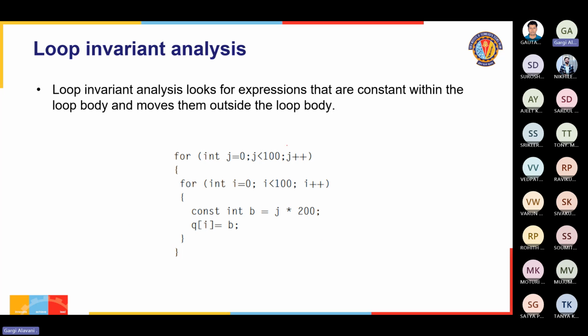Another optimization technique is loop invariant analysis, where you try to find expressions which are constant within the loop body and move them outside of the loop body. So in this particular code, which is the instruction?